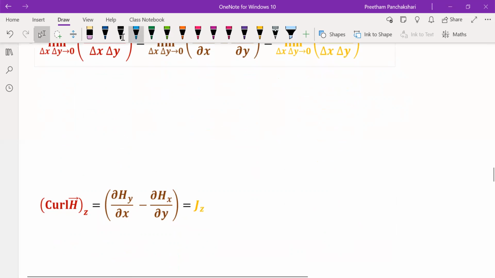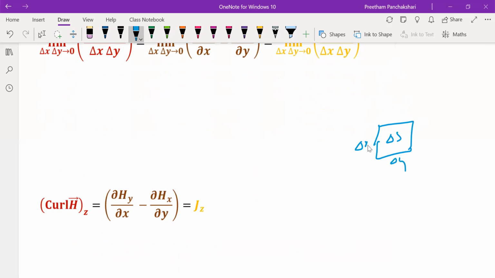Why the z component? Because the area, delta S, only has the two sides, delta x into delta y. The perpendicular direction for this area is z, a cap z. So that's the meaning of (curl H)z. Similarly, current density is a vector, which has the z component in this definition.